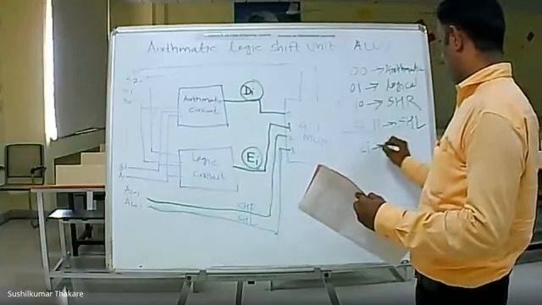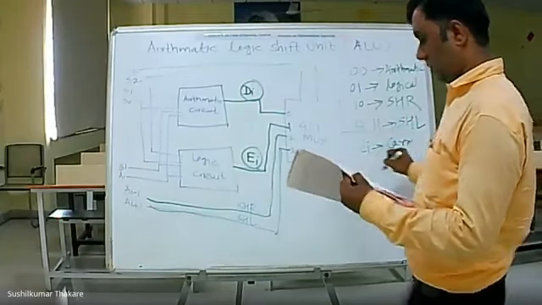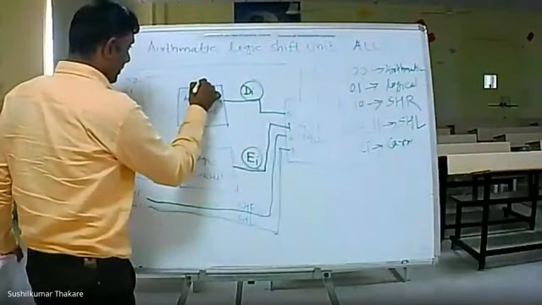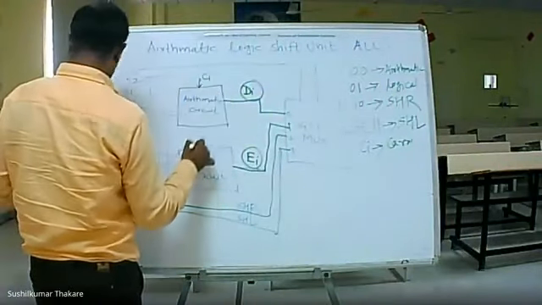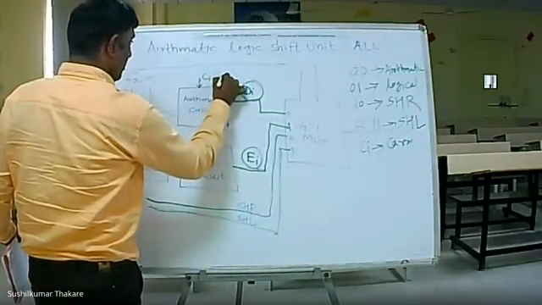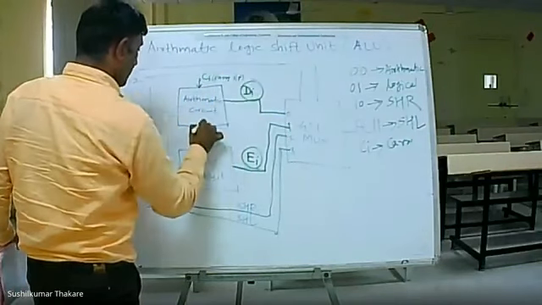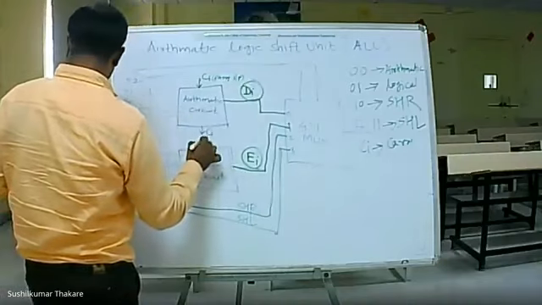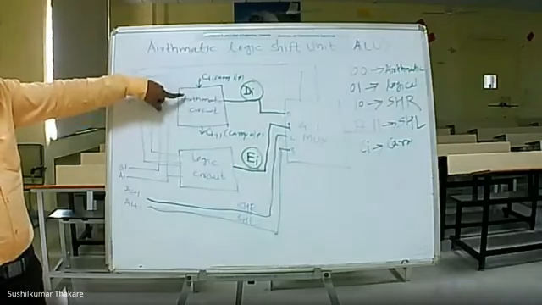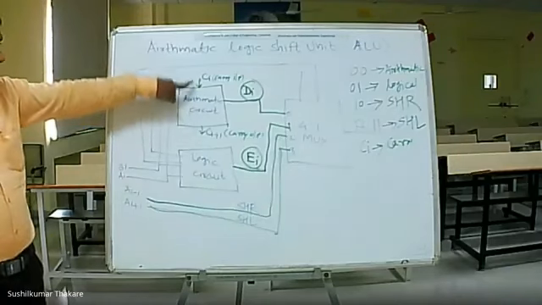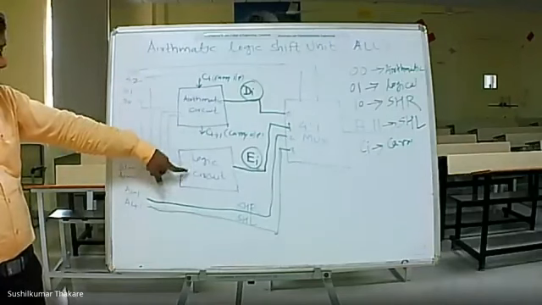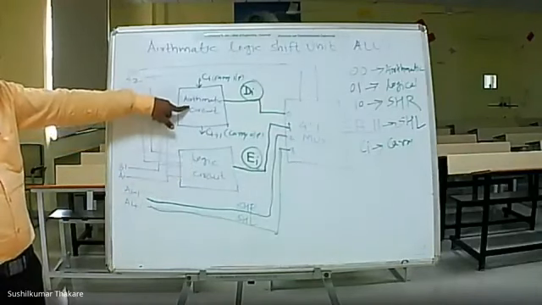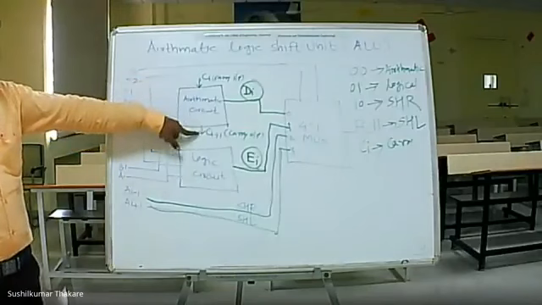CI is the carry input, and this is the carry output, CI plus 1. The arithmetic circuit requires a carry input and carry output, but there is no carry for the logical circuit.